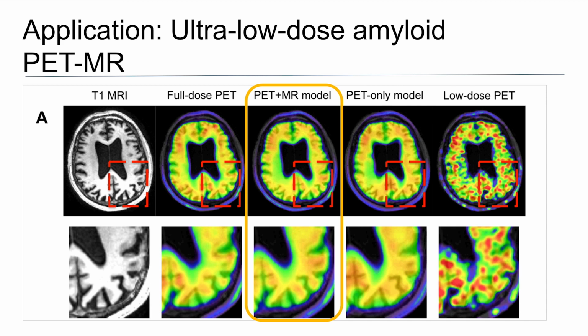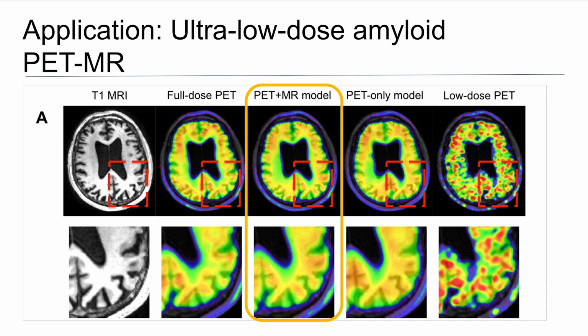So others claim 2 to 4 times lower dose. How is it that you can achieve 100 times lower dose? What's the secret? Yes, we do have some special design of the algorithm. The most important feature is we are using the information from MR, which provides good tissue contrast and high resolution. So here shows an example.